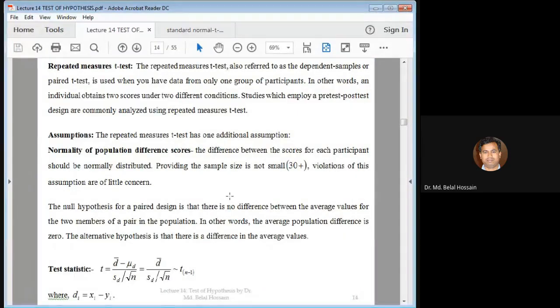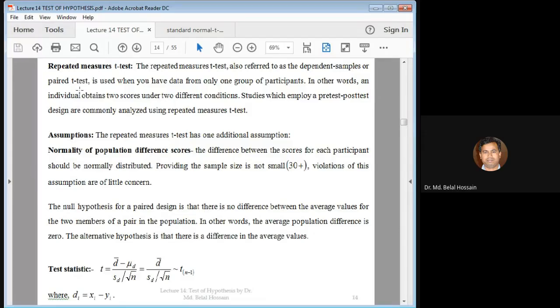Today we will discuss about matched pair data, matched pair sample. We call it repeated measures t-test. Okay, here we have some observations, we have some data that are dependent samples.